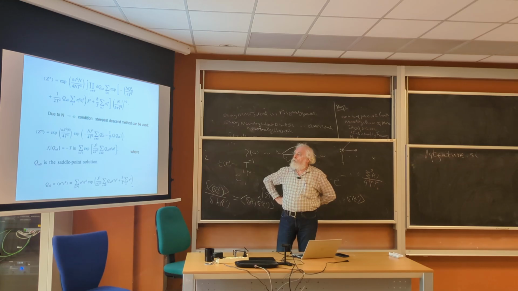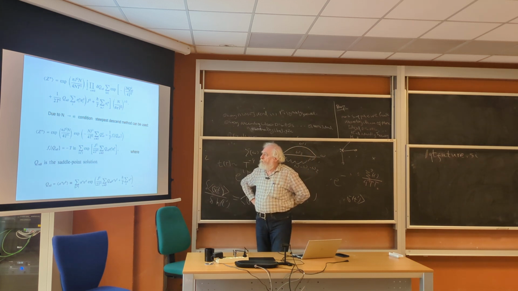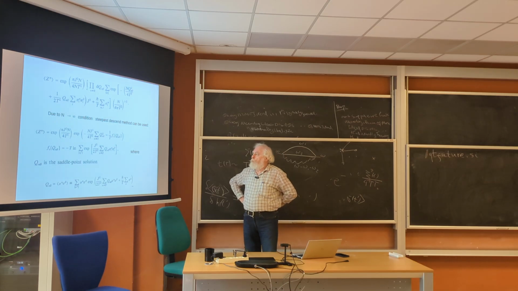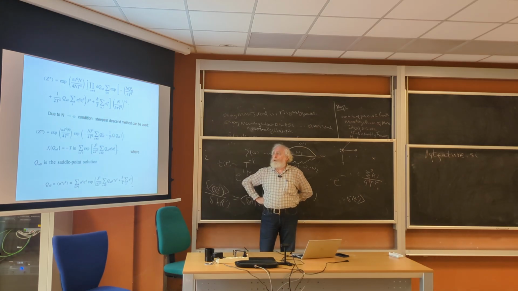Now, n is thermodynamically large, so you can use later on saddle point approximation for integration over q. So we are looking for saddle point solution for this matrix q alpha beta.